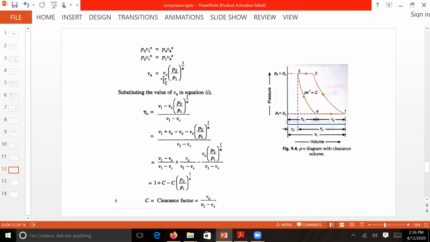Now V4 will be equal to Vc into this expression. Finally, this will be the value of volumetric efficiency in terms of C, which is nothing but your clearance factor, Vc divided by V1 minus Vc, the clearance volume divided by the stroke volume.